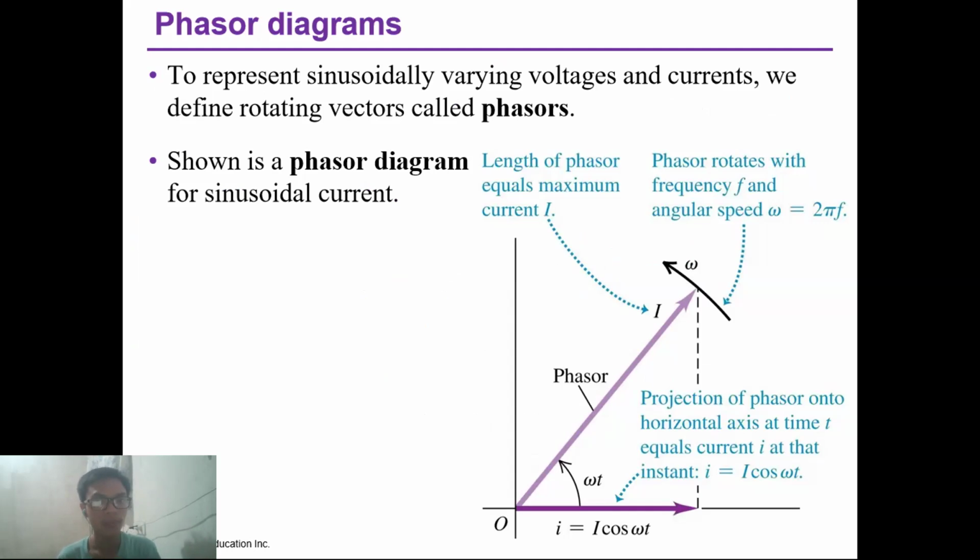Shown in the diagram is a phasor for sinusoidal current, in which I refers to the length of the phasor, equal to the maximum current. The phasor rotates with angular speed ω equal to 2πf. Based on the graph, the projection of the phasor onto the horizontal axis at time t equals the current at that instant, i = I cos ωt.